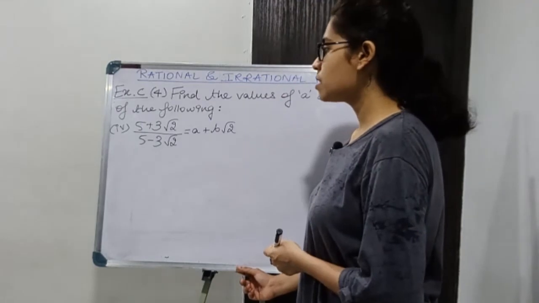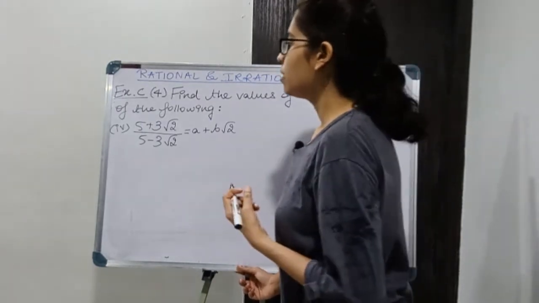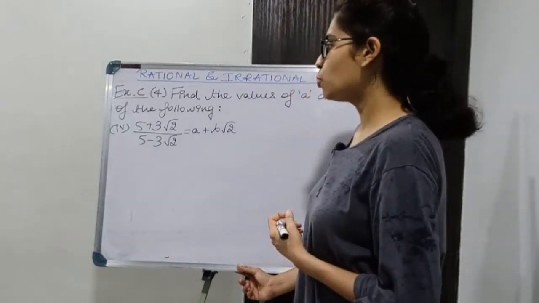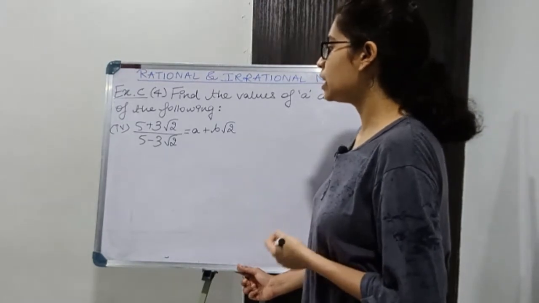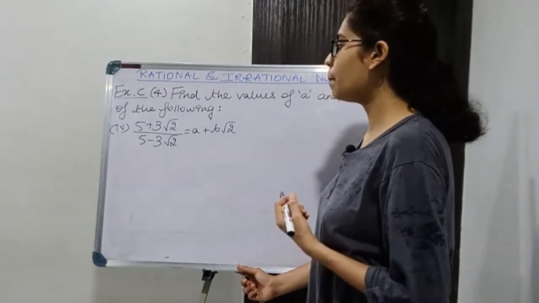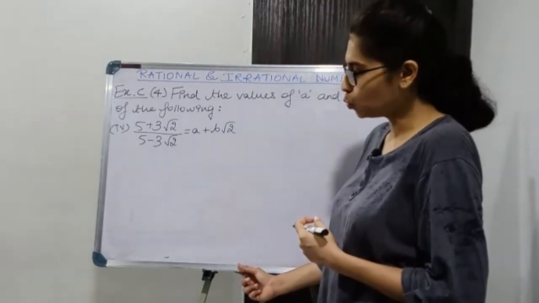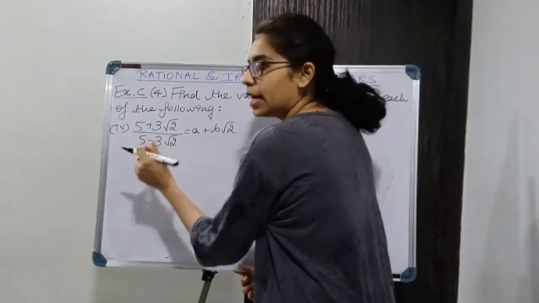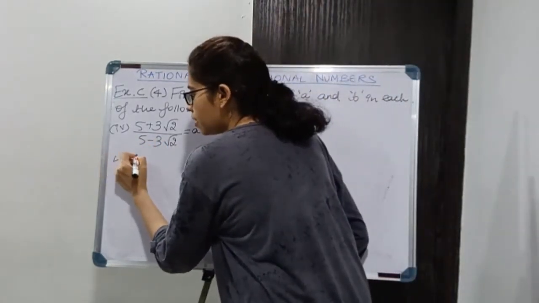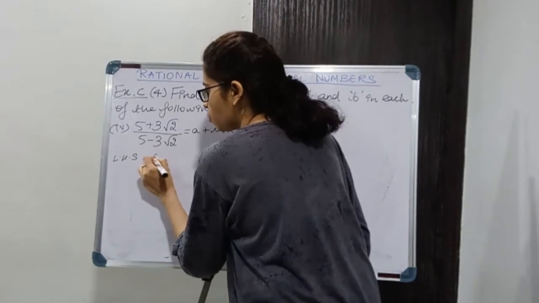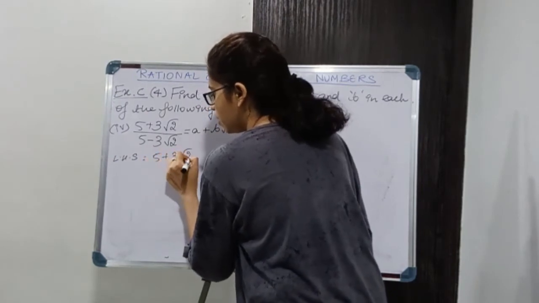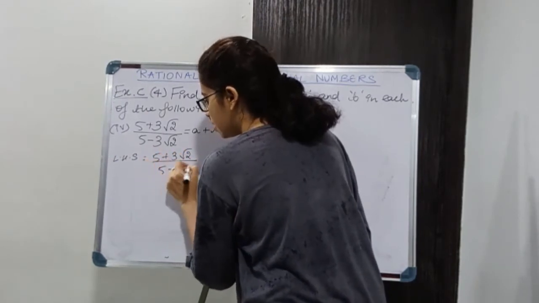Now the last sum of the question, 5 plus 3√2 upon 5 minus 3√2 equals a plus b√2. Now we will consider LHS first, so it is 5 plus 3√2 upon 5 minus 3√2.